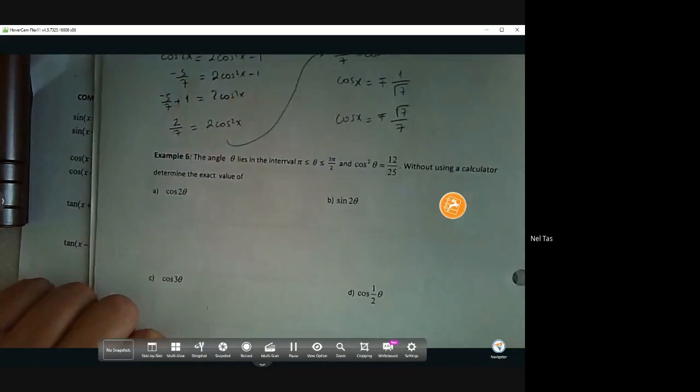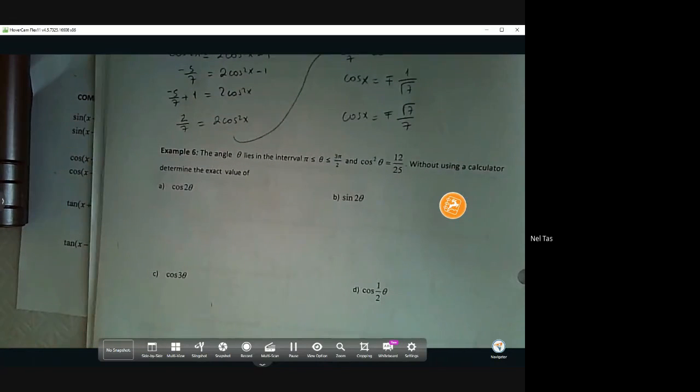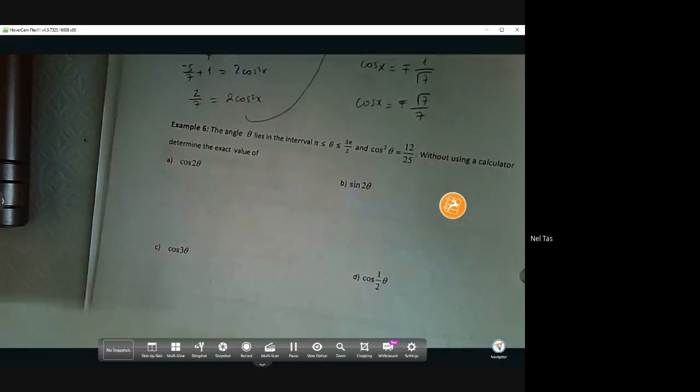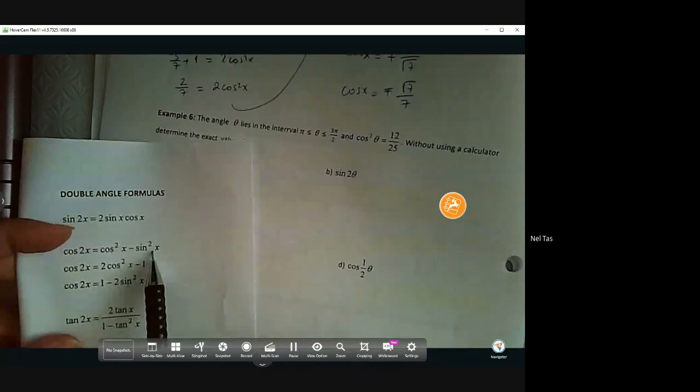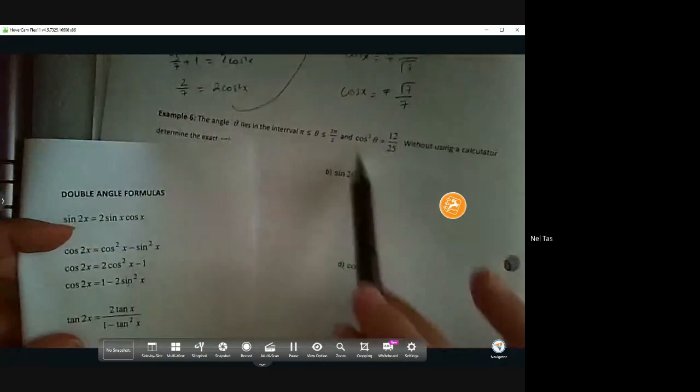Example 6. The angle theta lies in the interval where theta is greater than or equal to pi and less than or equal to 3 pi over 2. They are giving us cos squared theta, which is 12 over 25. Without using a calculator, determine the exact value of cos 2 theta. Again, we have 3 formulas. Cos squared minus sine squared: we're only given cos squared for now.